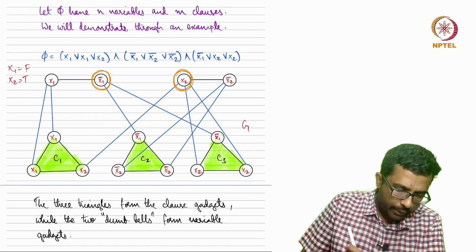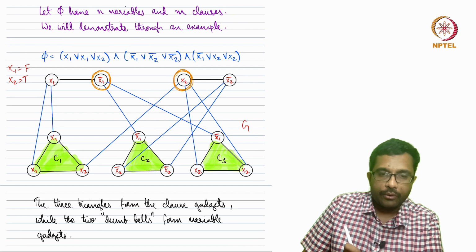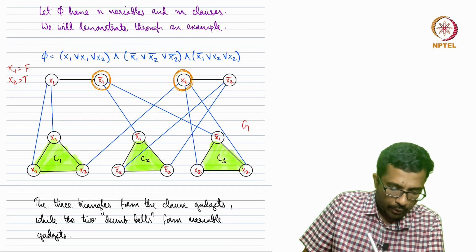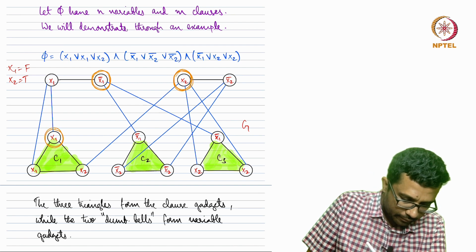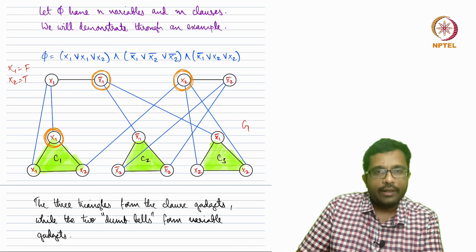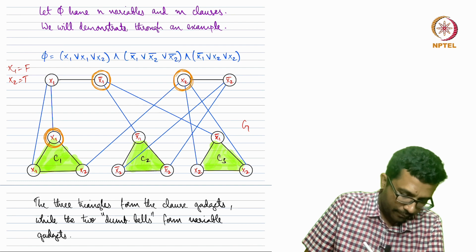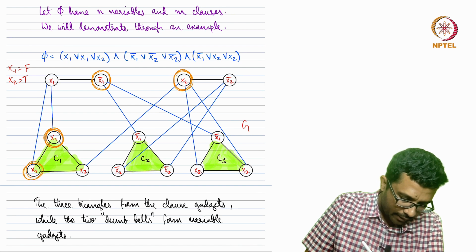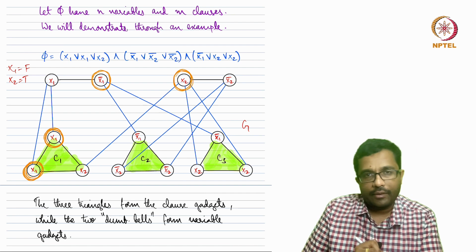So what we do is we select the vertices which are not the true ones that I just mentioned. In clause 1, x2 is true, so we pick the other two. What I'm building is the vertex cover, right? The formula is satisfiable, and from the satisfying assignment I am building the vertex cover, and these circled vertices are going to be part of the vertex cover.